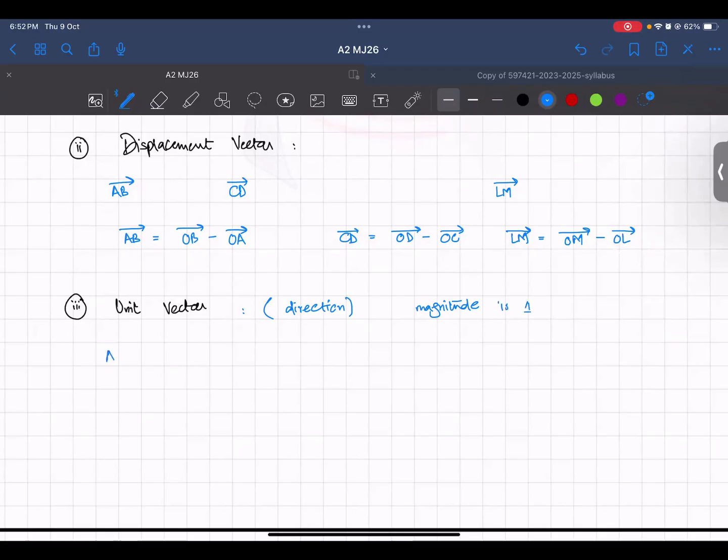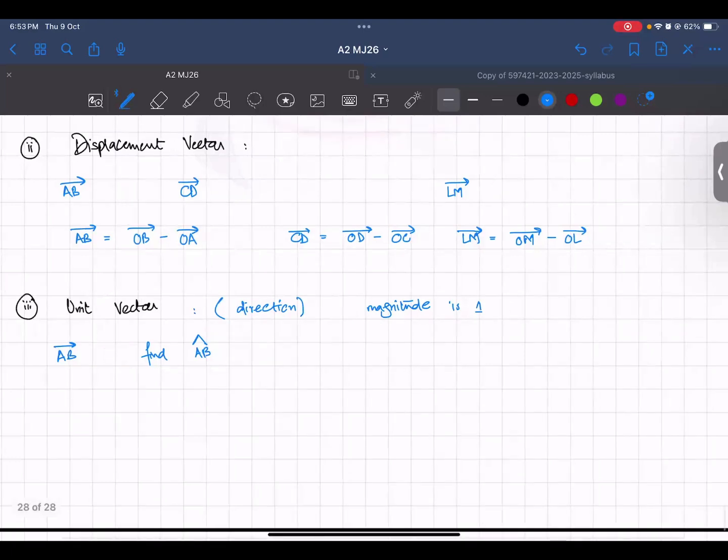For example, if you have the vector AB and they're asking you to find AB with a hat, this is telling us that they're asking you to find the unit vector. The unit vector of AB will be equal to the vector AB divided by the magnitude of vector AB.